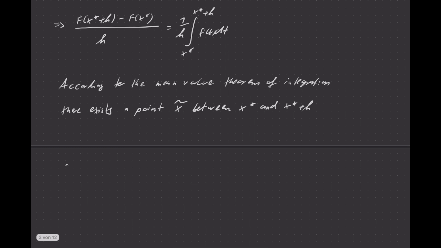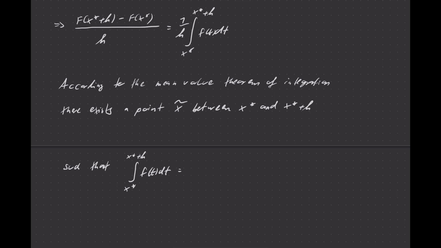such that we can express that integral from x star to x star plus h over f of t dt as the area of a rectangle. One side is simply the length of the interval between x star and x star plus h, and that is, of course, h.